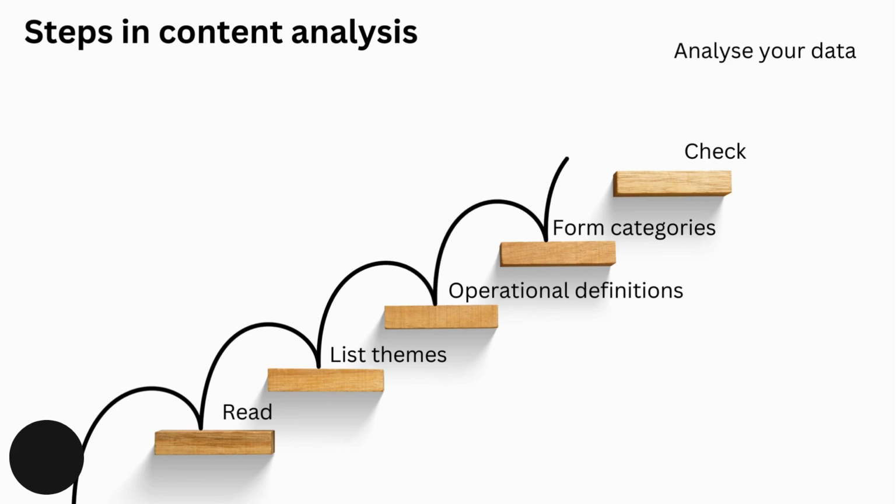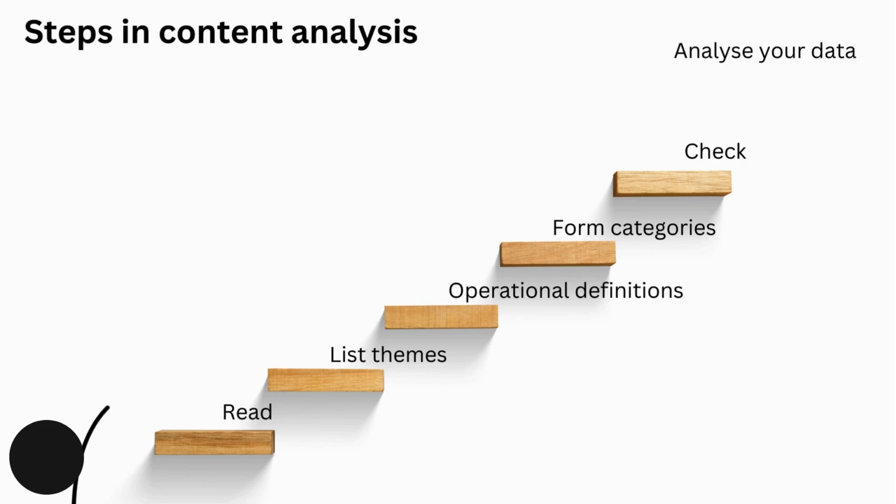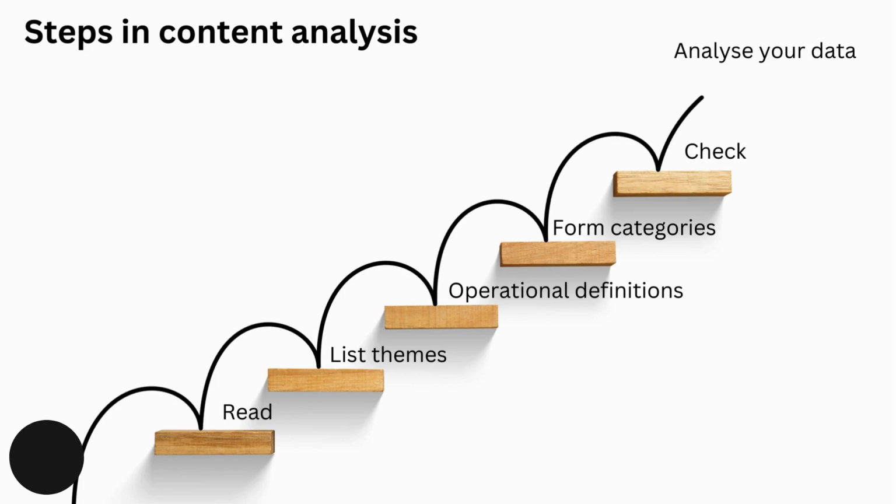Number 8 and final step, you're going to check to make sure that you have captured all the relevant data from the transcripts and code it to fit into one of your categories. Lastly, it will depend on what you wish to achieve through the content analysis. You can now apply an appropriate statistical test to analyze your data.